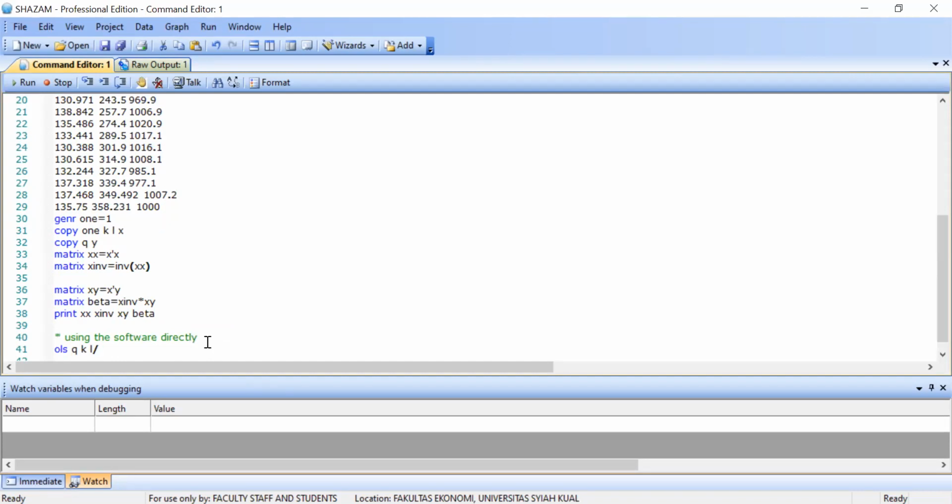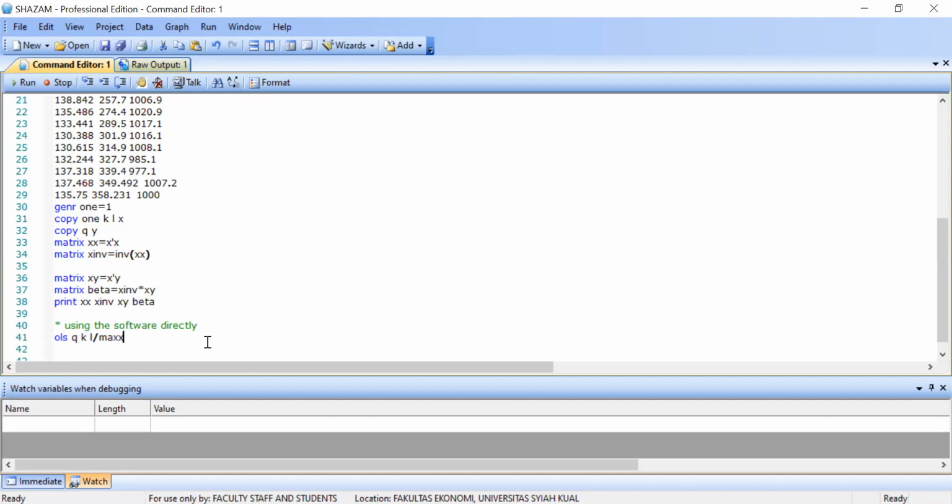We can use, for example, RSTAT. That means you produce statistics of the regression, or you want to produce other statistics. It's up to you. Or if you type here MAX, that means you calculate all of the statistics, even though you do not need the statistics in your thesis, for example.